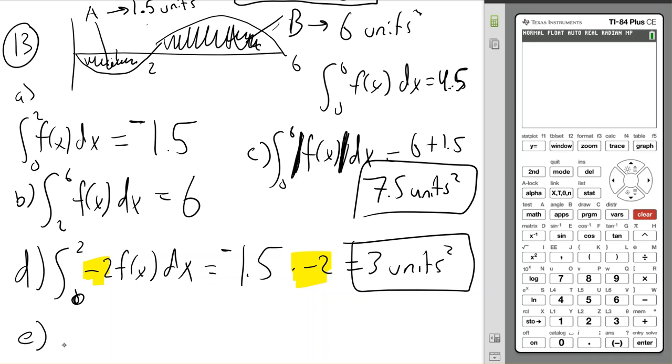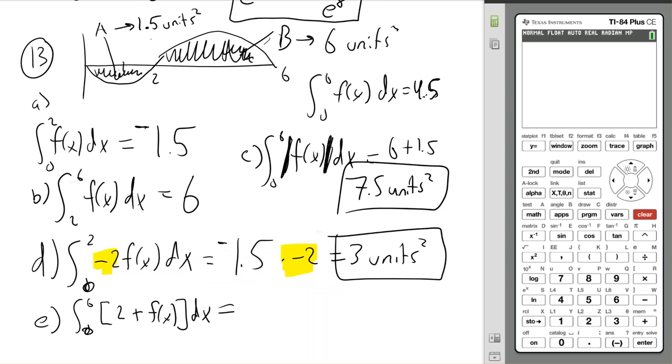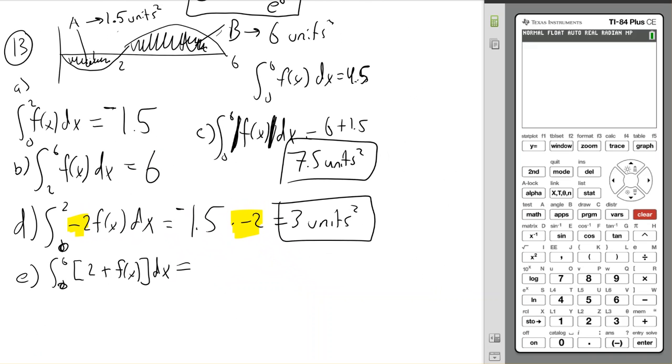All right, the integral from 0 to 6 of the quantity 2 plus f of x dx. Brackets mean the same thing as parentheses. I really like to try to keep my picture up here.